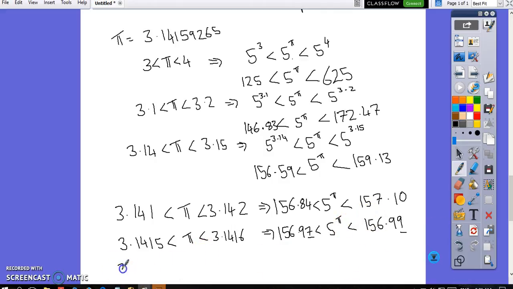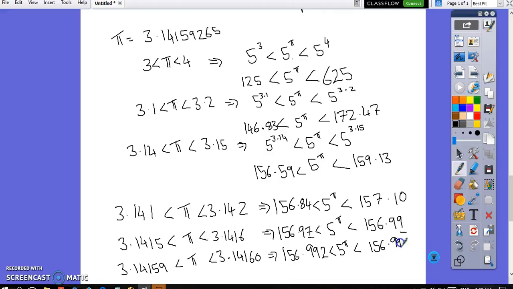So then we need 3.14159 and 3.14160. And that then gives us that it's between 156.992 and the same answer as we got in the previous one, 156.994, and I've done this now to 3 decimal places just to check that there's no rounding.